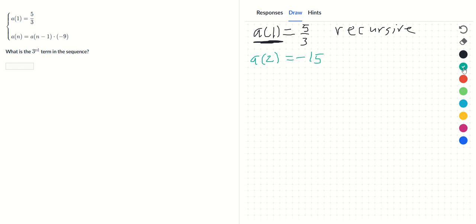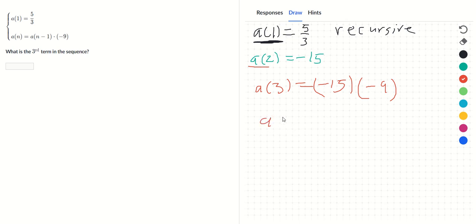All right, let's do the next step. As you can see, this one doesn't have a power, so it's much, much easier. So now we have A of 3 equals, remember what I said, this one is the very next term. So this one is going to be negative 15 times negative 9.